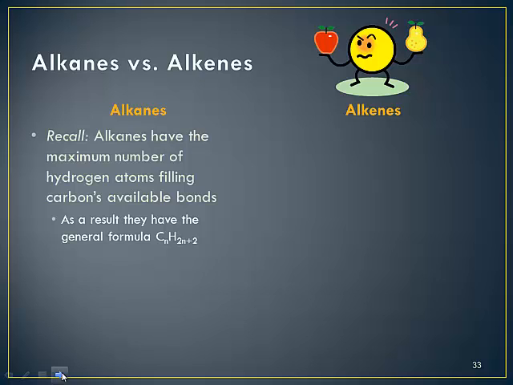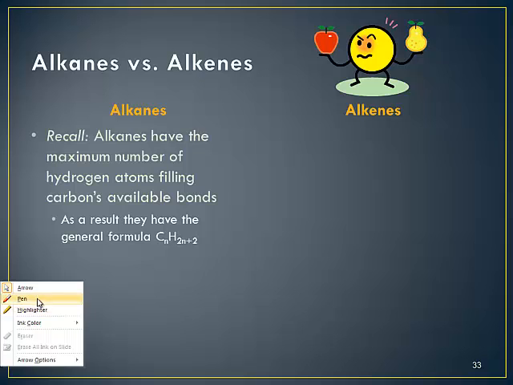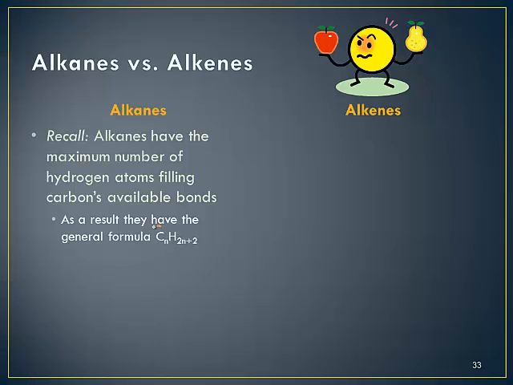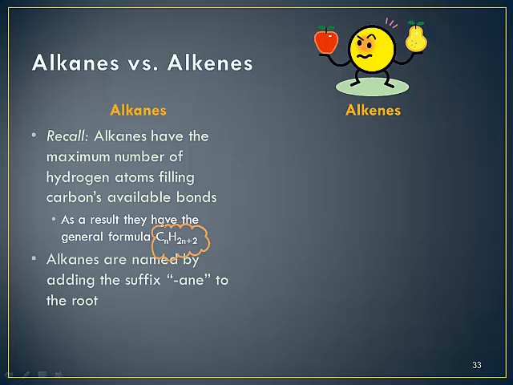For an internal carbon, we have two carbon bonds being taken up bonding to other carbons, and the remaining two are both taken up by hydrogens. As a result, we get a general formula: if you take the number of carbons, represented by n, which could be any number, and you double it and add 2, that gives you the number of hydrogens in the compound.